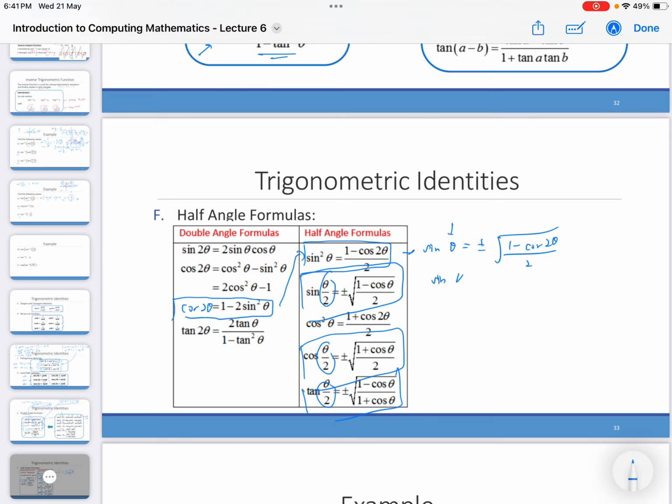So we have sin theta over 2 equals plus or minus the square root of 1 minus cos theta over 2, that is, 1 minus cos 2 theta divided by 2. That's where we get this one. And for cos theta over 2, we get it from here.